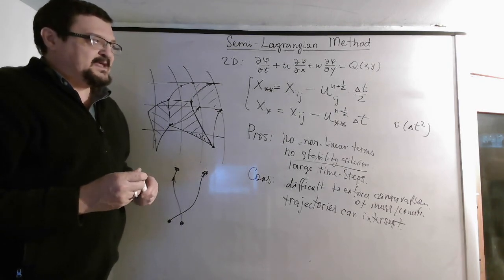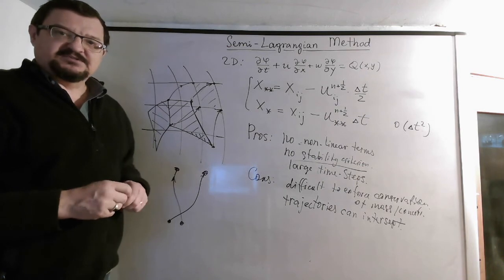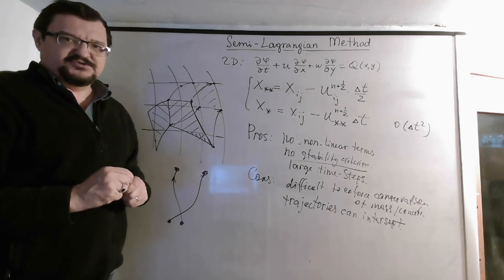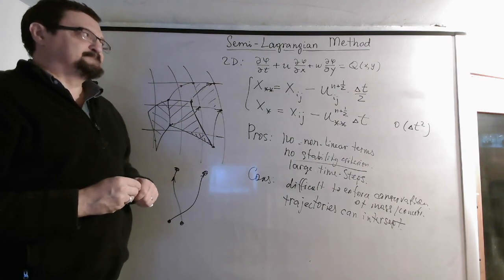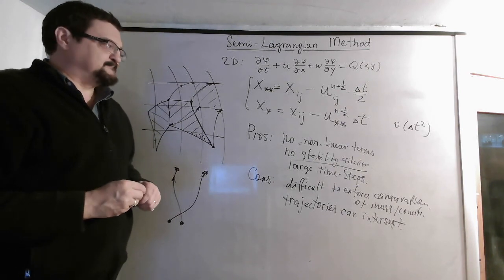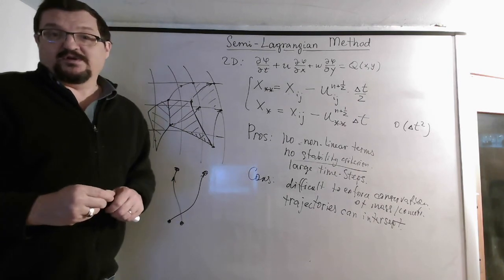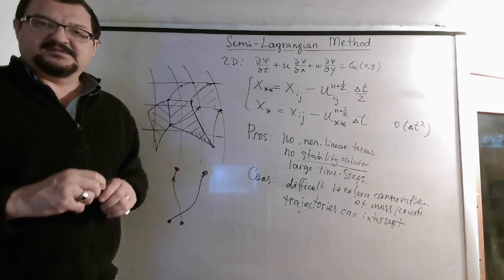Then of course it's worth it to switch to a semi-Lagrangian method. But again, it's very difficult to code and to develop into a model. That's why it's pretty complicated stuff, but it's usually worth it. Okay, that's all I had to say about the semi-Lagrangian method.